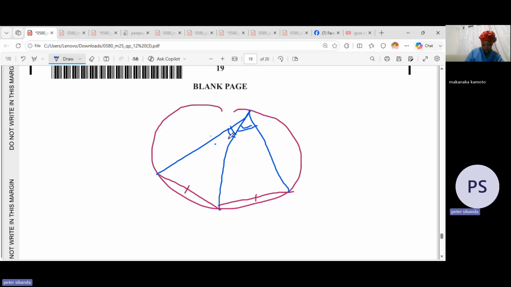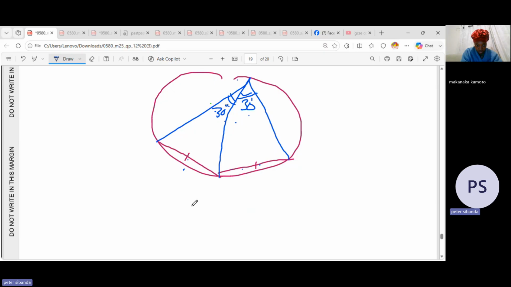These angles are equal because they are subtended by chords that are equal. So equal chords subtend equal angles at the circumference, and vice versa is true. If I don't tell you that these chords are equal, but I tell you this is 30 degrees, and then I say this is 30 degrees as well, it follows that whatever the dimension of this chord is, the same is that side. Okay? So we are done with the theorems.